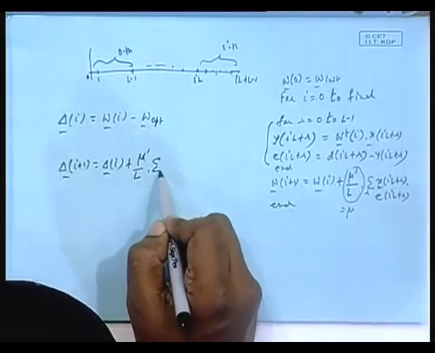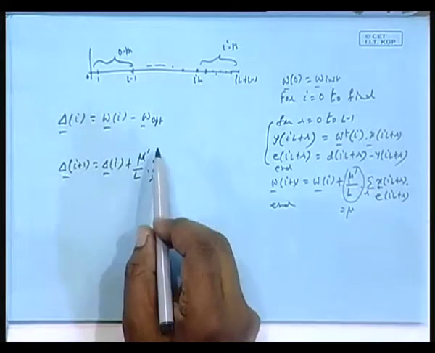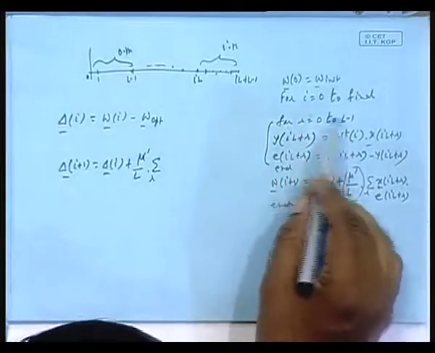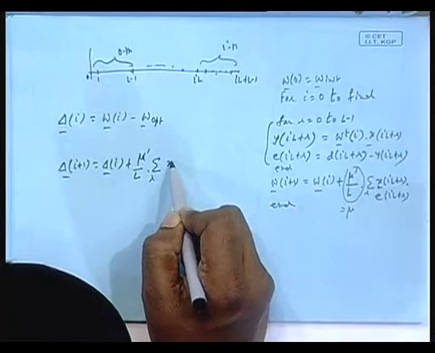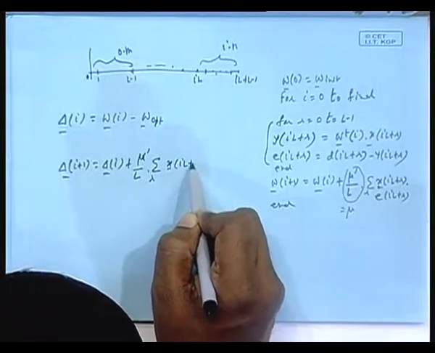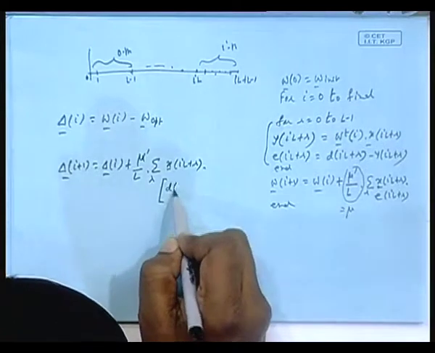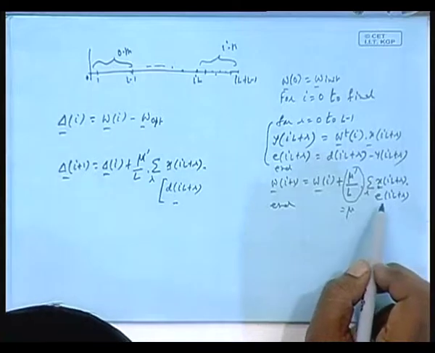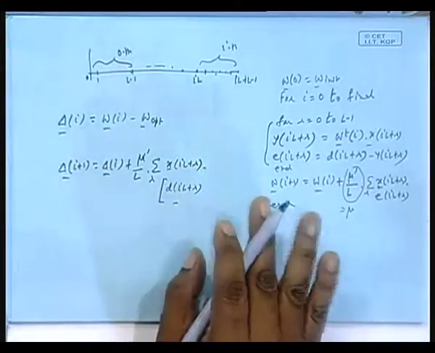So this summation remains as it is over R. When I say summation over R, I am not giving the index R equal to 0 to L minus 1, that is understood. But I have given the range of R somewhere. So this first component, the data vector at IL plus R, remains as it is, and then this term is minus W transpose X or X transpose W, which are the same, at least in the real case.